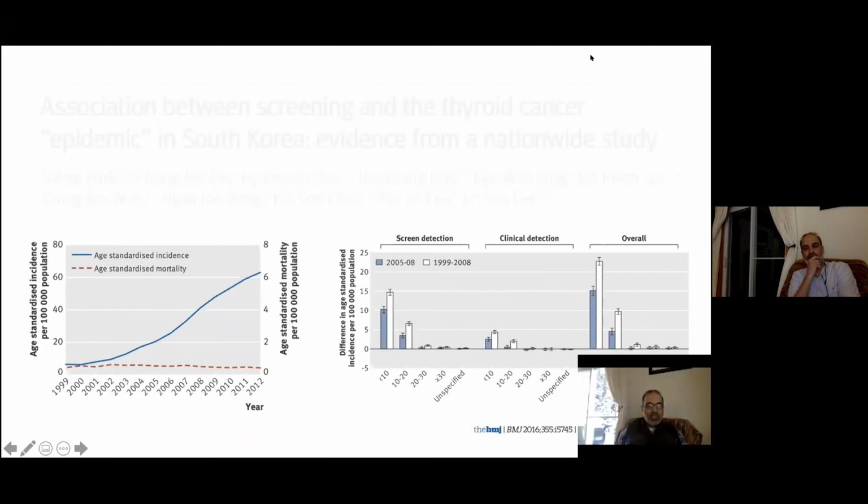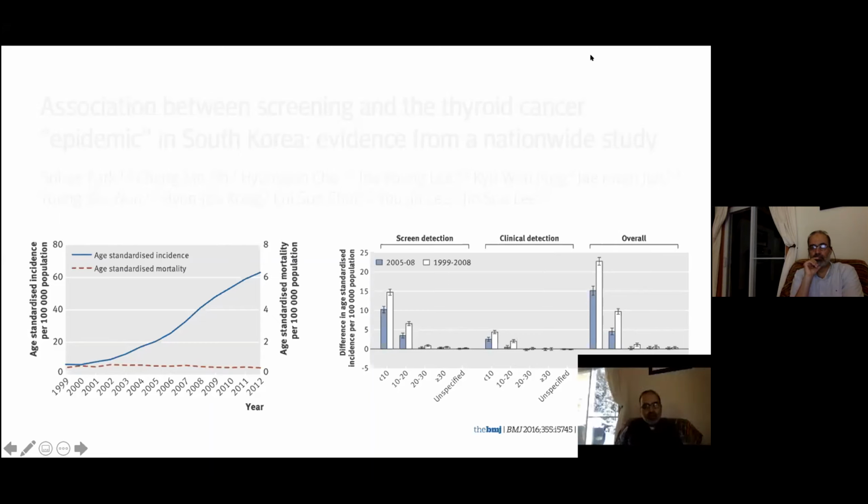I don't know if you can see my pointer with this blue line, and there has been a significant increase in the age standardized incidence. On the other hand, though, there has not been much change in the mortality. So therefore, you have a rising incidence and pretty stable mortality. Therefore, not surprisingly, you have a huge prevalence.